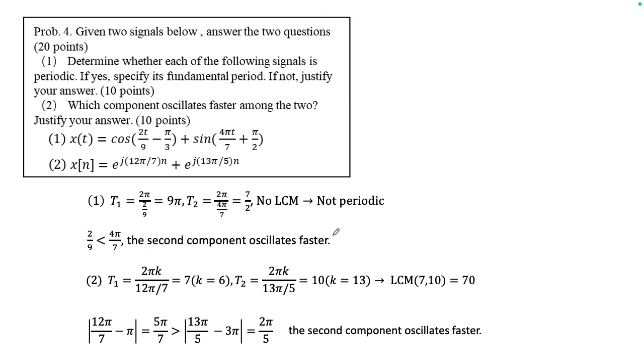Okay, this one, I think you just did question one, it's good, you just finished that, very good. But question two, do you know, you need to put the table on your cheat sheet. I gave you the table: the fundamental period, fundamental frequency, and the relation between oscillation and frequency.